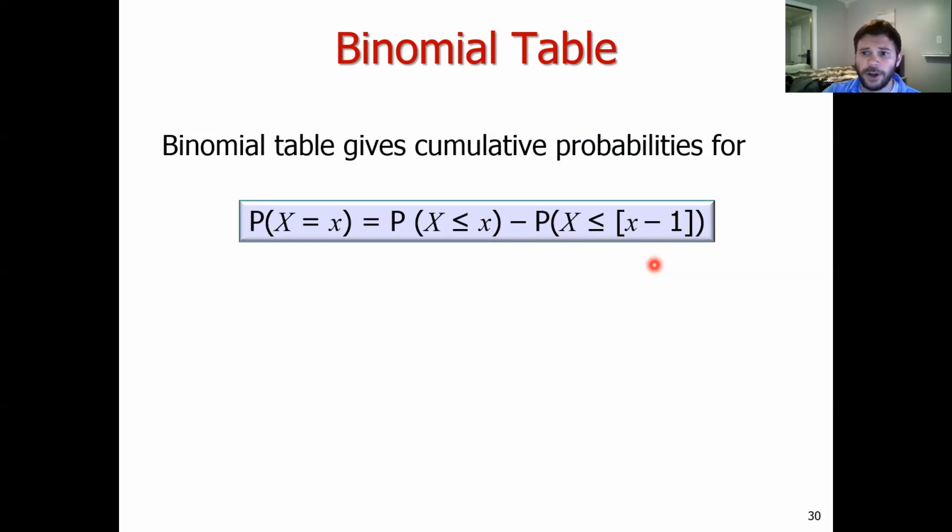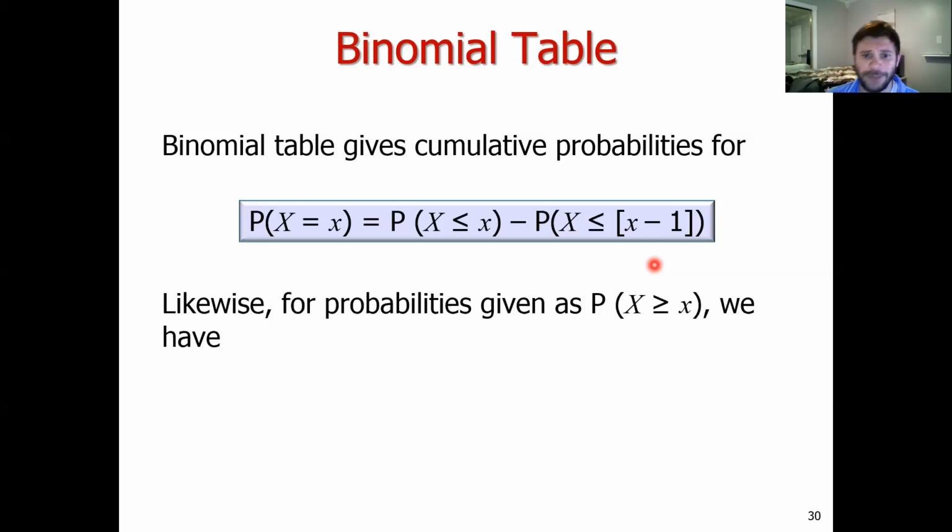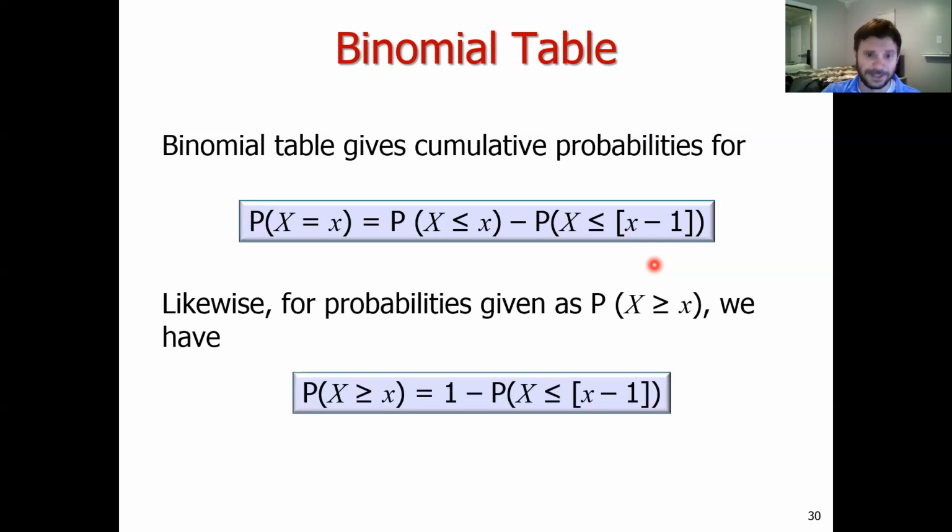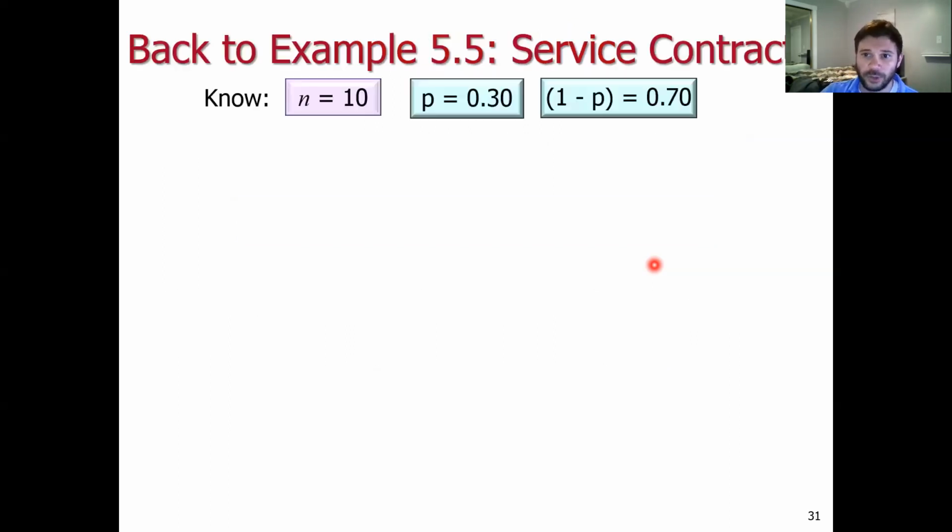Similarly, if I wanted the probability that the random variable big X is greater than or equal to some threshold value, we can use the structure of the table again: 1 minus the probability in the row directly above little x would be the complementary probability, giving us the likelihood that the random variable X was greater than or equal to the value lowercase x that we are comparing against.